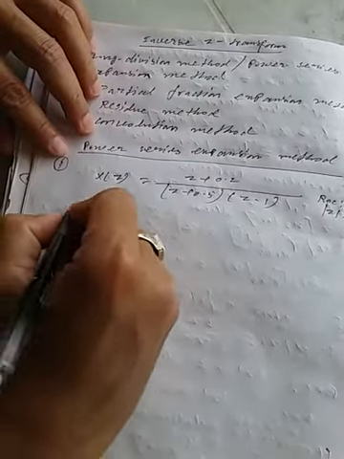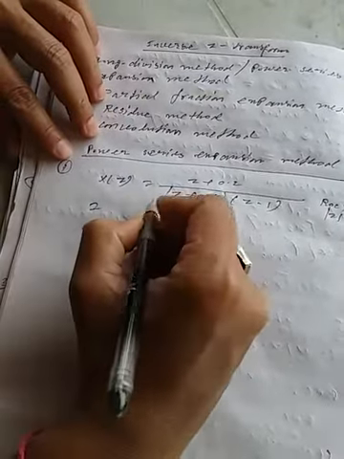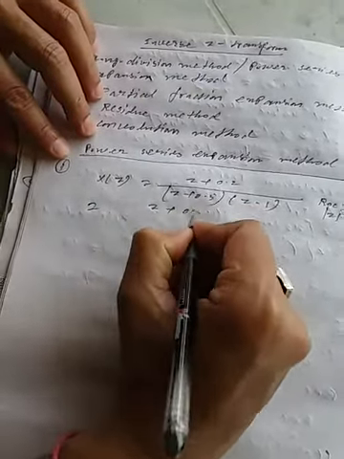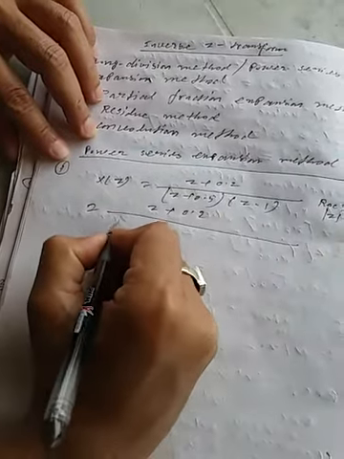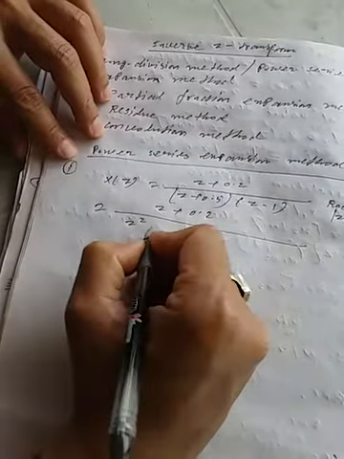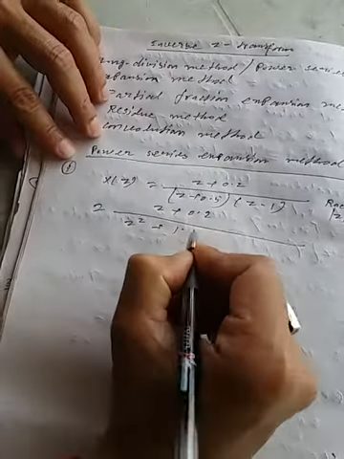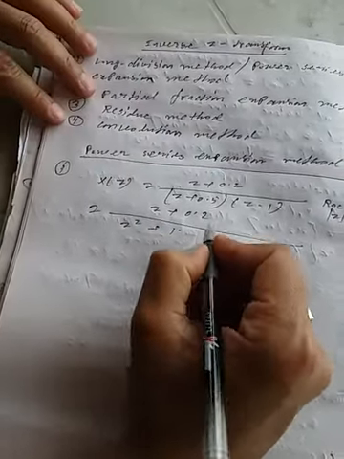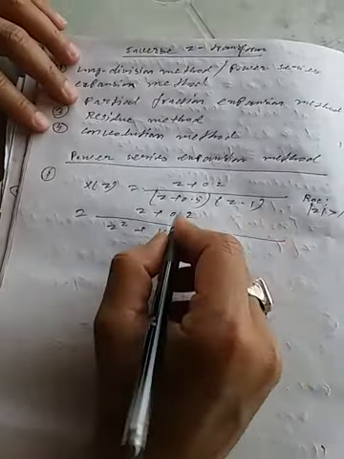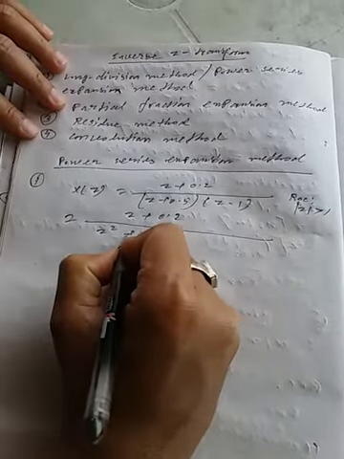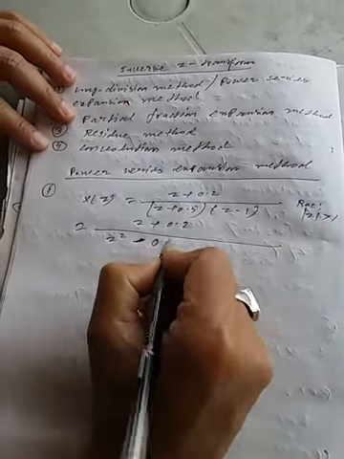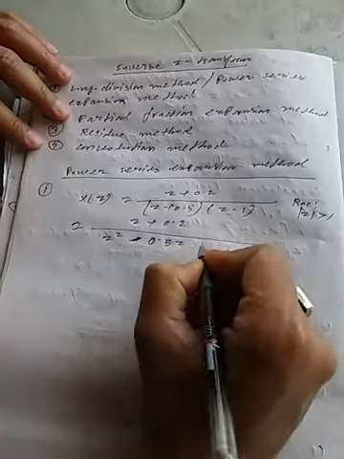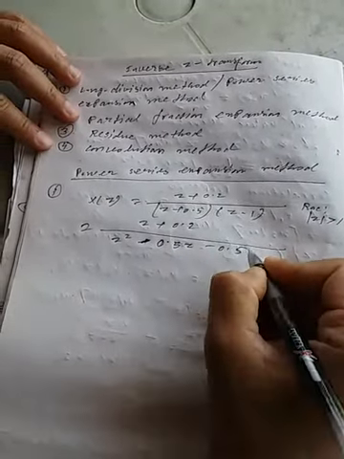So at first for the causal sequence, you have to multiply the denominator portion. So if I multiply this, it will become z square minus 0.5 z minus 0.5, right?